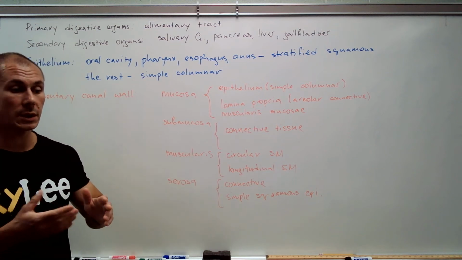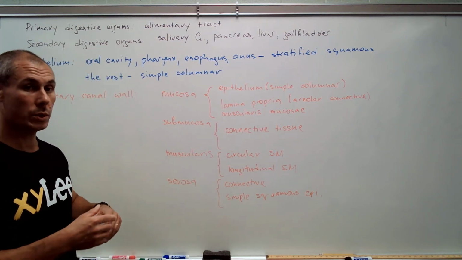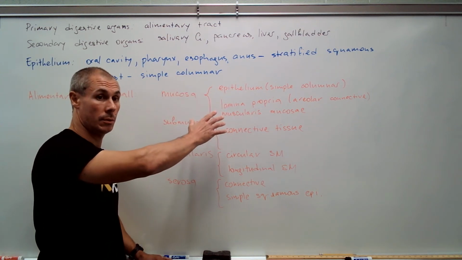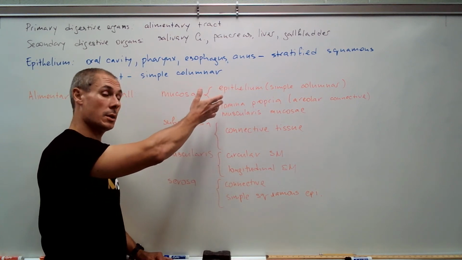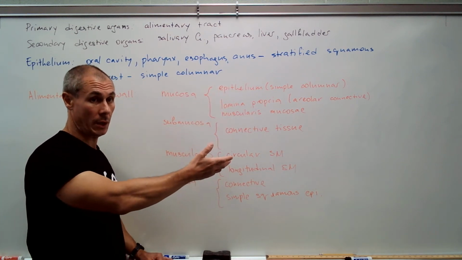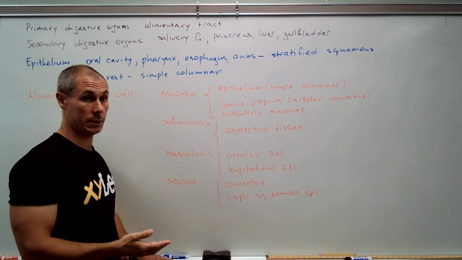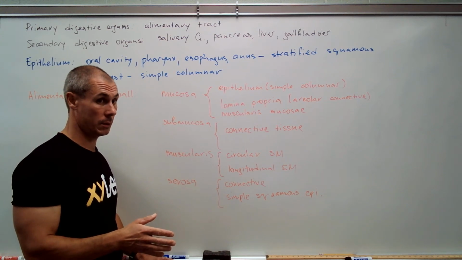In the conversations that we're going to hold here, we're going to be mostly focusing on the functions of mucosa and muscularis, because this is the absorption, release of digestive juices, and so on. This is peristalsis. Does that make sense? Any questions here?